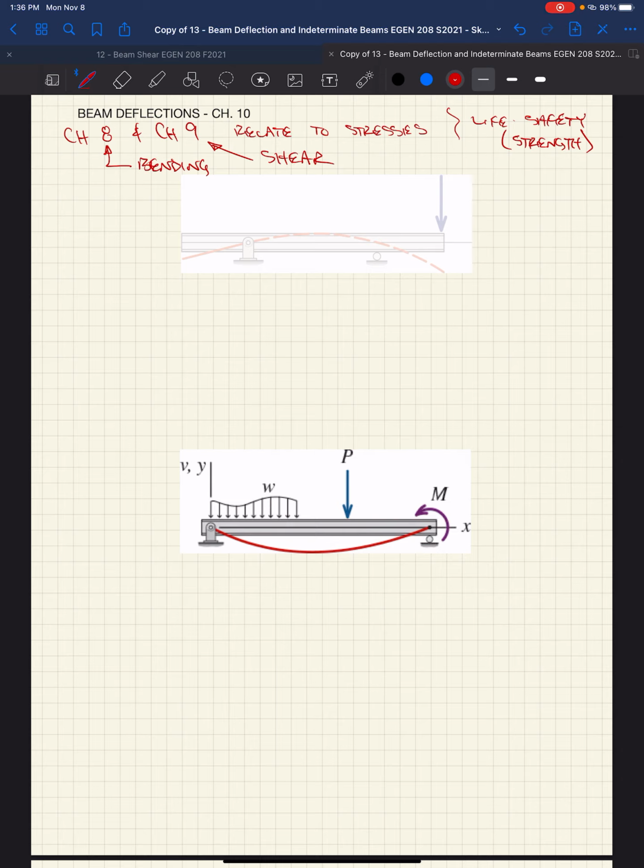Well, now we're doing deflection. Deflection is normally not a life safety issue. It is a major design component for usability. It's basically to ensure proper function of systems.